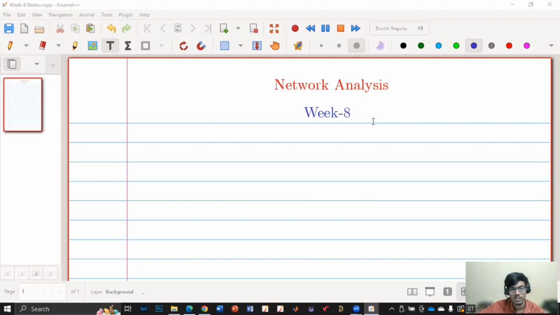For that, we need a thorough understanding of graph theory and all the nomenclature and terminology, which will help us solve the network using graph theory. So this week it is all about understanding graph theory and writing those equations. How to solve will probably come next week. So today it is all about graph theory.